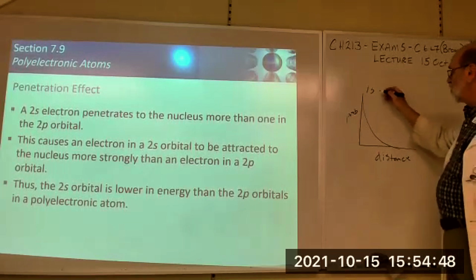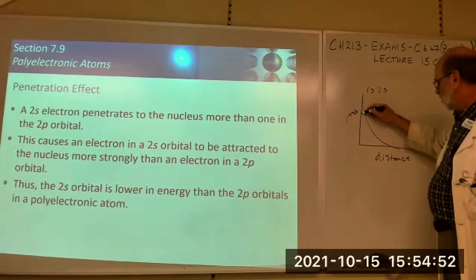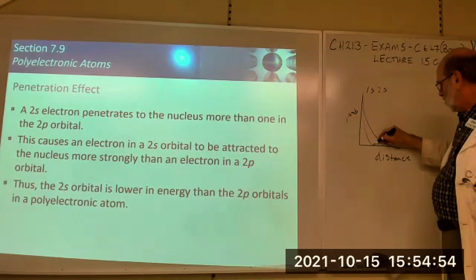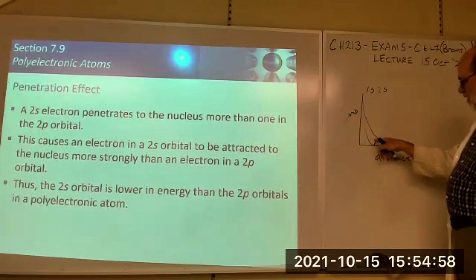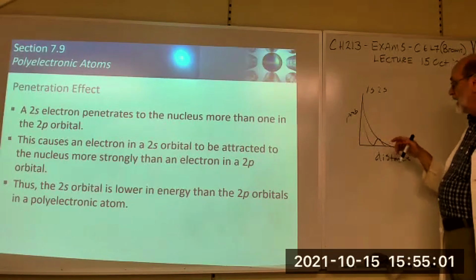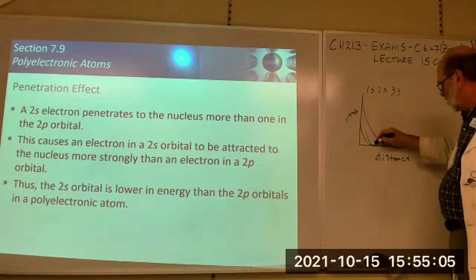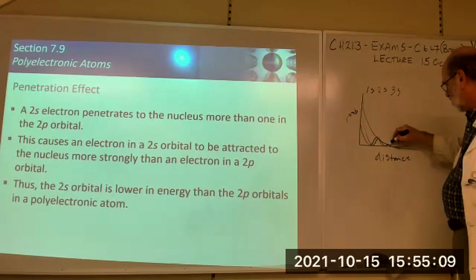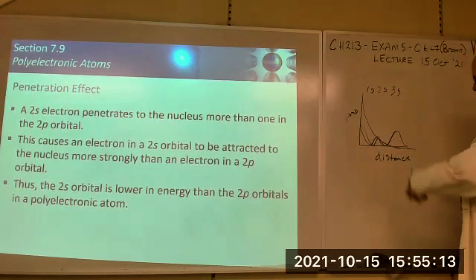Then if you get the 2s, you get something like that. Okay? You get a node here. And then with the 3s, you get two nodes. It's not quite to scale.